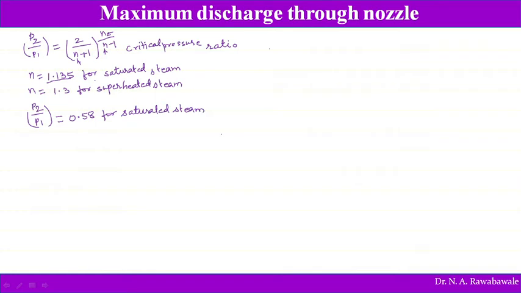And if we substitute n equal to 1.3, then the pressure ratio P2 divided by P1 is equal to 0.5457 for superheated steam.